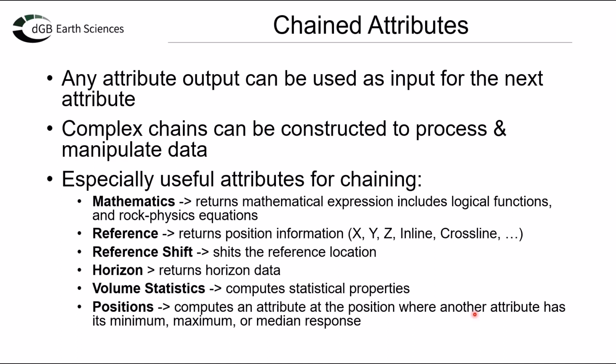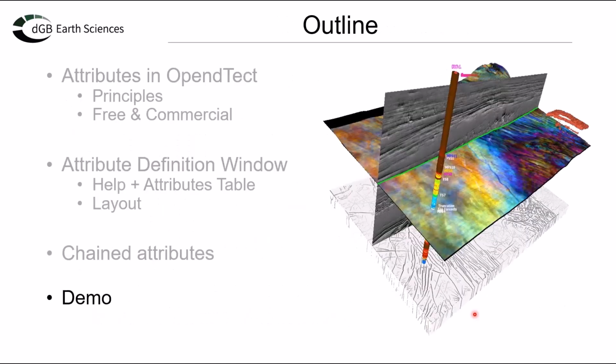An example is a diffusion filter where we evaluate the quality of the seismic based on the similarity, and where the similarity is highest, we then borrow that amplitude and move it into the position where the quality is less. This is the way we do it in a diffusion filter, for instance. Now that brings me to the demo, so let's look how it is done in reality.